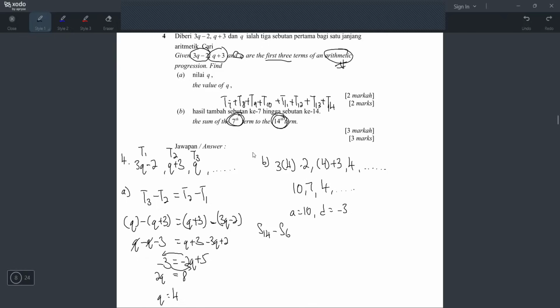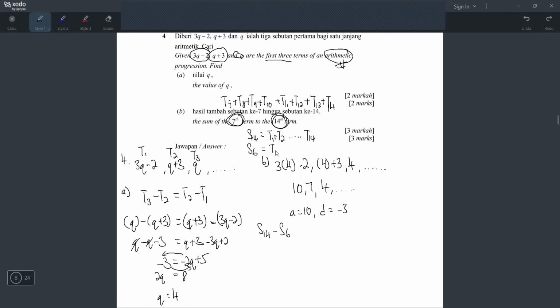Of course, you can also use the Tn formula to find, but it's very slow, because you need to find T7, T8, T9, T10 until T14 and then add them separately like this, which is very slow. Usually we just use the Sn formula. But when you find S14, you are not finding the sum of T7 until T14. When you find S14, you are finding T1, T2 until T14. But saya tak nak pun T1 sampai T14. Saya mau T7 sampai T14 saja. Sebab itulah saya kena tolak dengan S6.